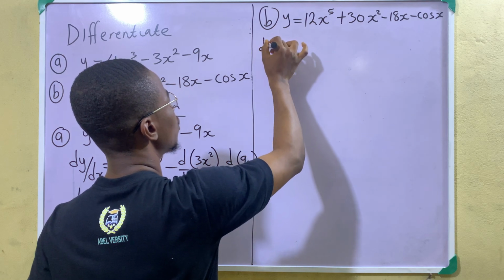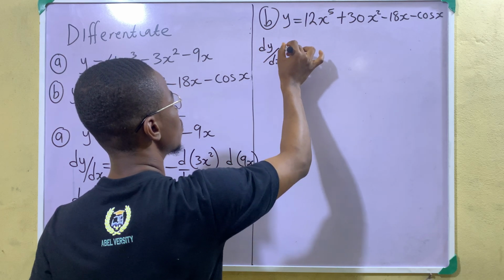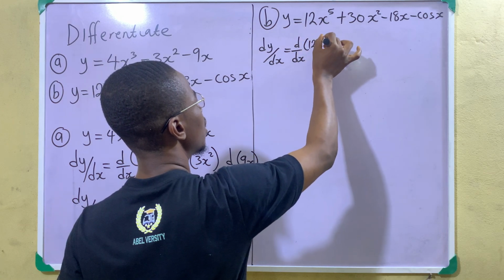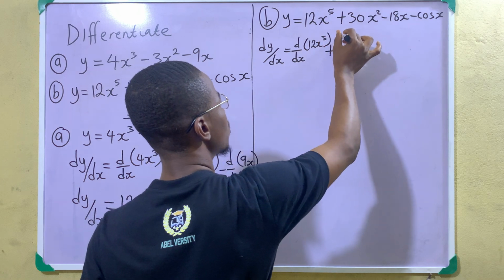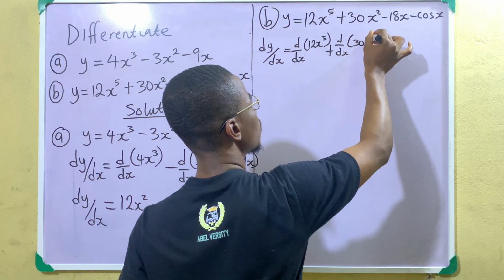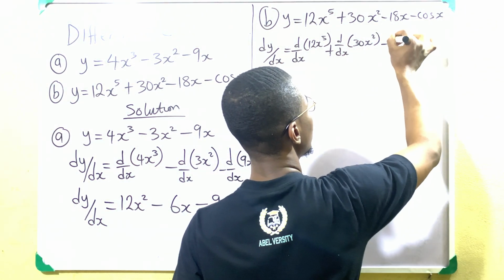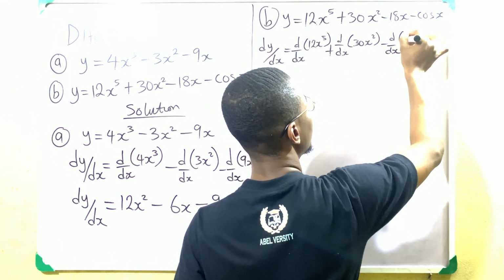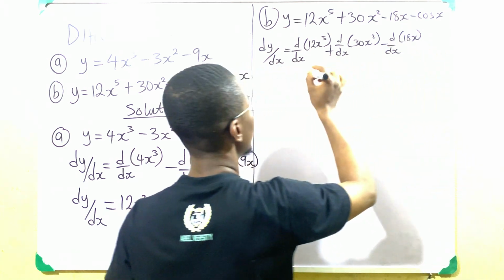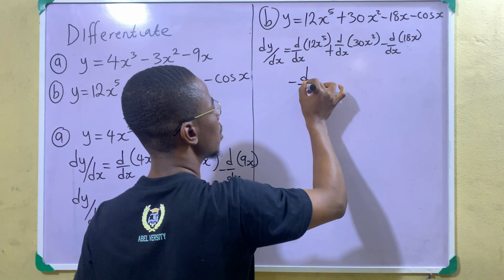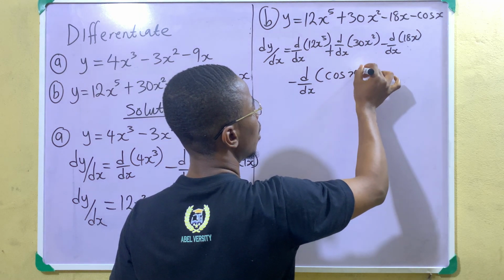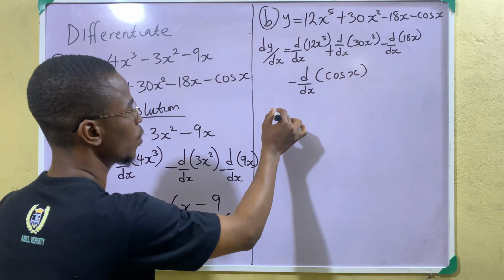So we have here dy/dx will be equal to d/dx of 12x to the power 5 plus d/dx of 30x to the power 2 minus d/dx of 18x, then minus d/dx of cos x.